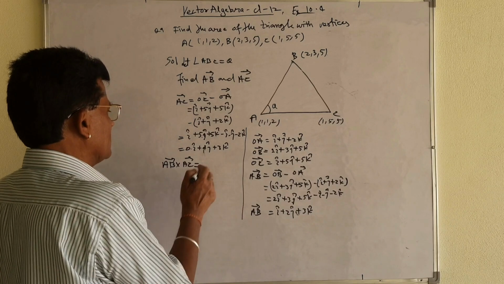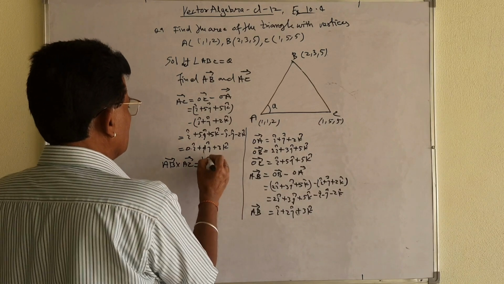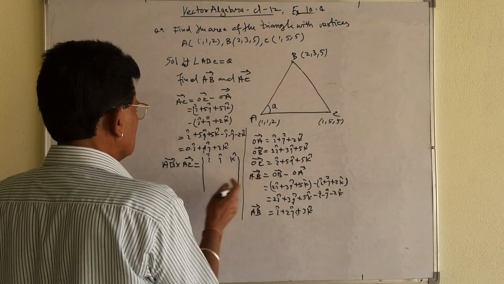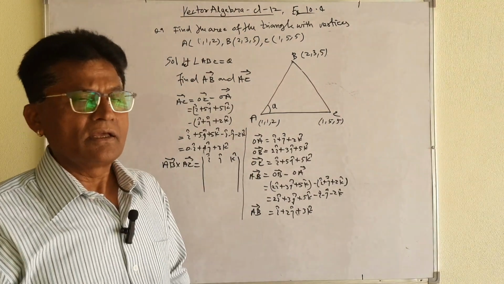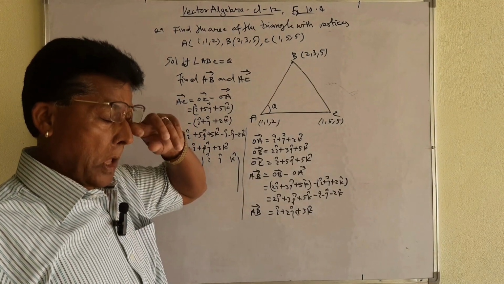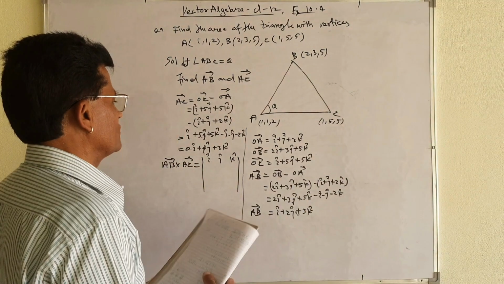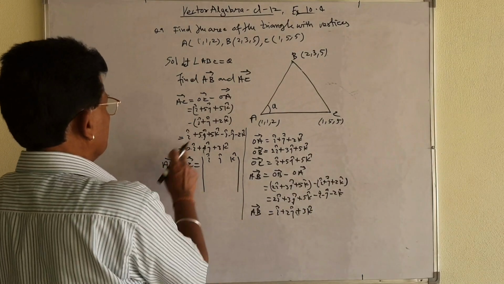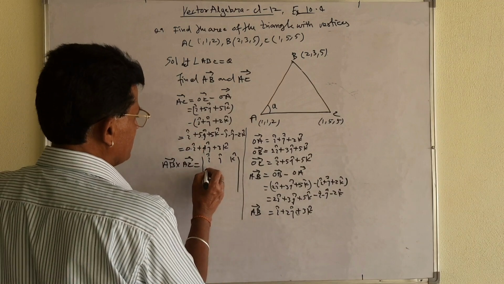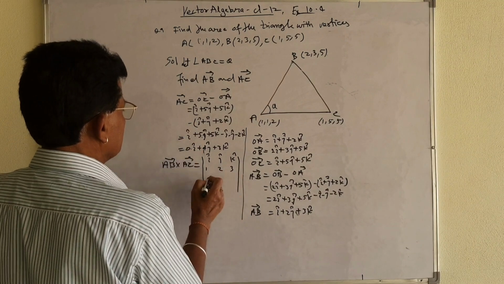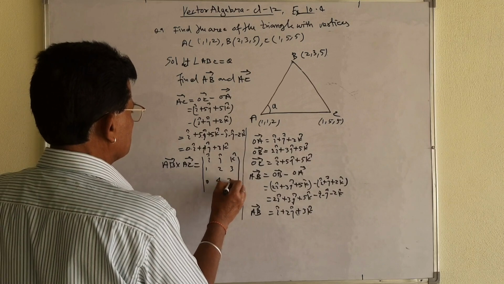You must write the scalar components of I, J, K. In the first row you write I, J, K, and then the components 1, 2, 3, and after that 0, 4, and 3.